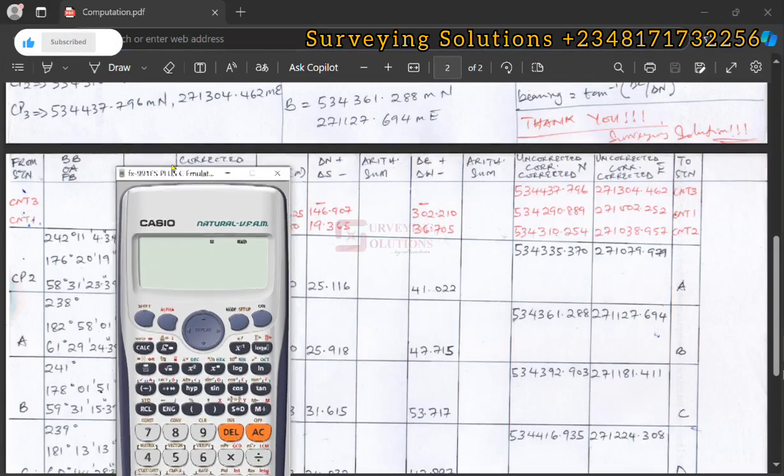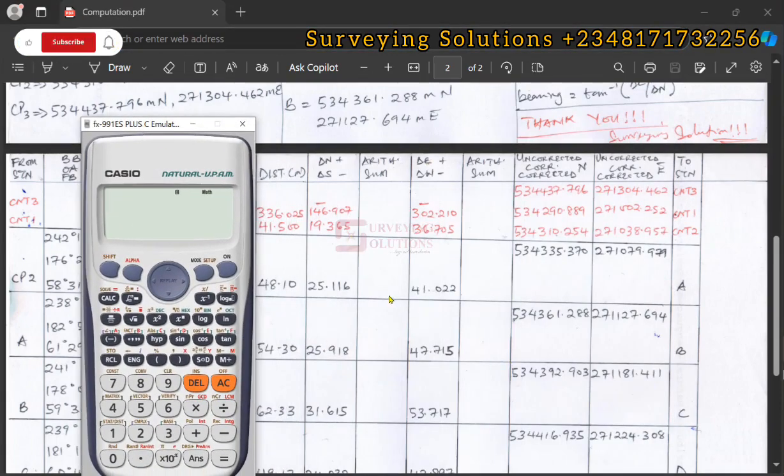So we saw this emulator, which has been very fantastic for us. The order of operation is always the second one minus the first one, the third one minus the second one, right? Good. So let's do it for just a few. So we have 534290.899, then minus 534437.796, right?